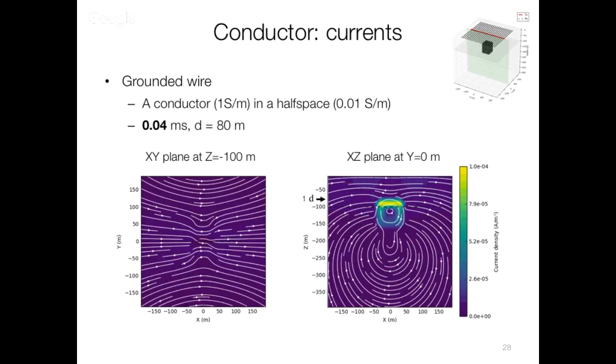I turn this off at an early stage. Diffusion distance 80 meters in here, so that's kind of one diffusion distance. So the fields have kind of sort of decayed into here, and you can see my current lines.